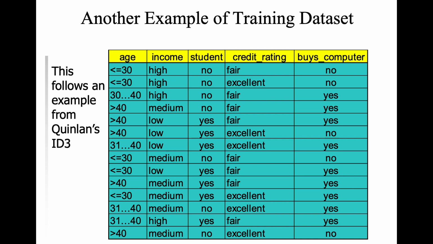Why? When do we reach a leaf? We reach a leaf when all our instances have the same class label.